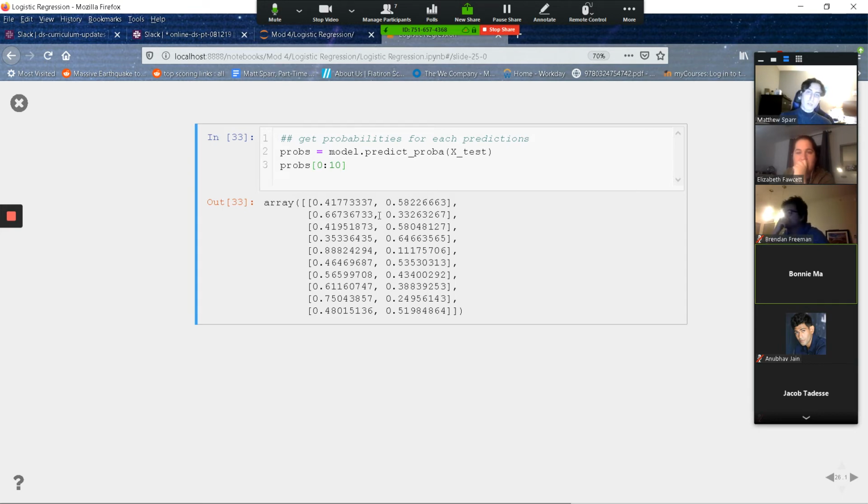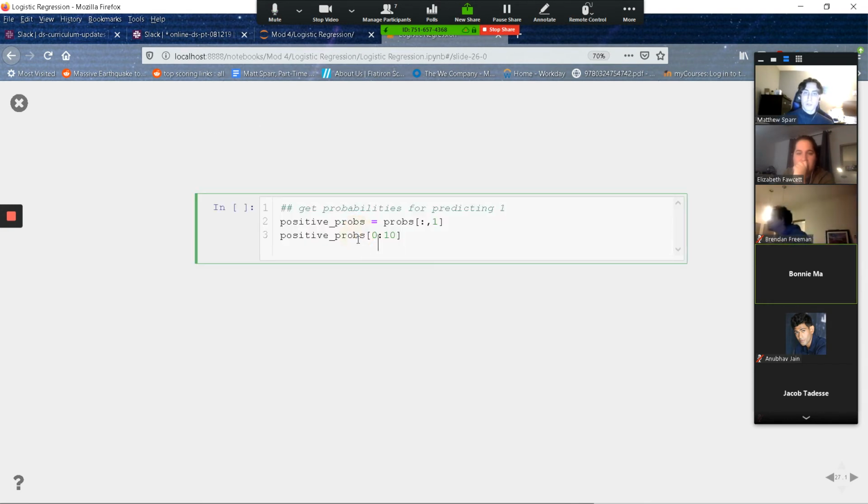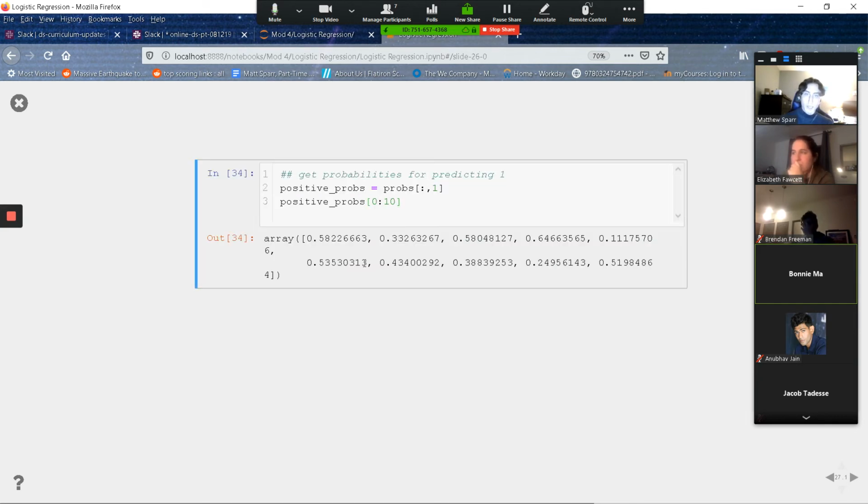So it uses whichever one's higher to ultimately decide which class it's going to predict. So we're just going to focus on positive probability, so the probability that it's 1. So we're grabbing that second column only. And so these are all the probabilities that it's a 1. So basically at the base level, if it's above 0.5, then it predicts a 1. If it's below 0.5, it predicts a 0.